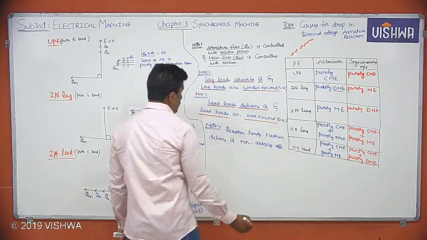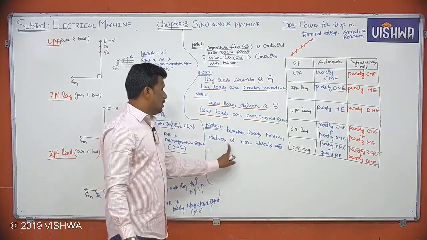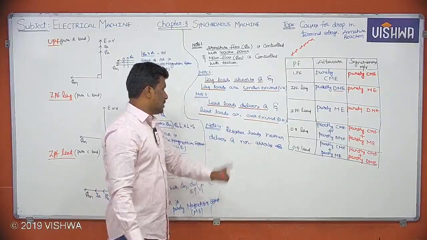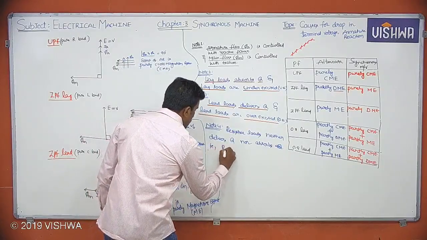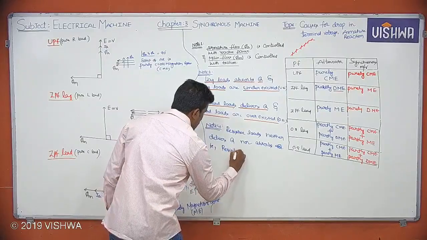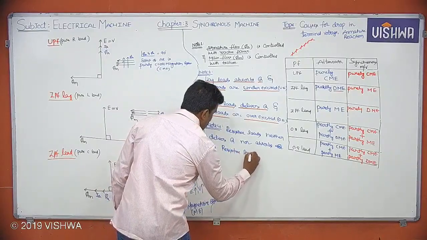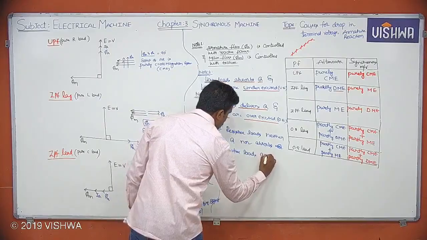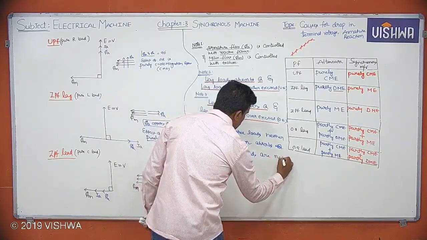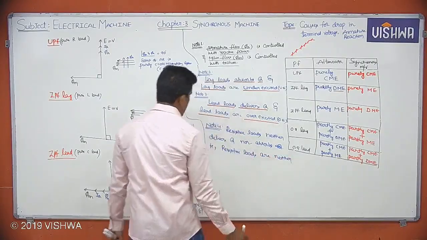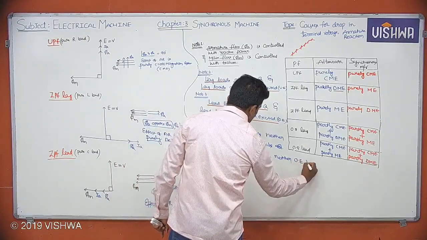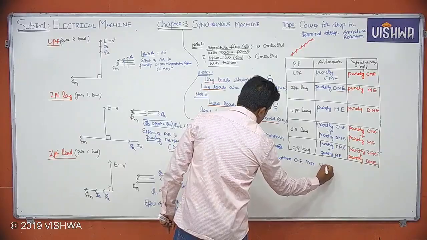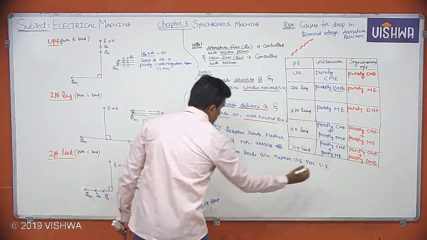Neither absorb reactive power nor deliver reactive power. That is, resistive loads are neither overexcited nor underexcited. You can write it with a comma.